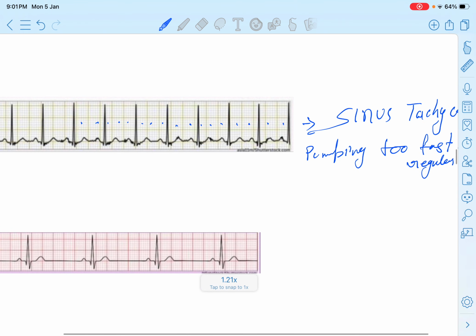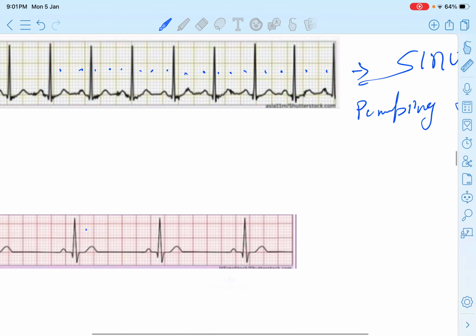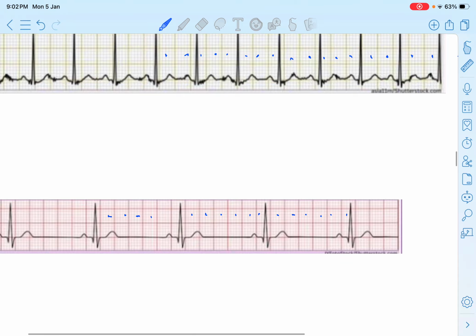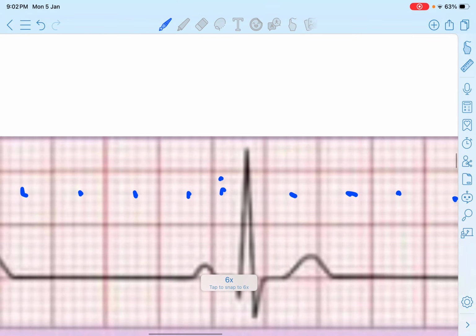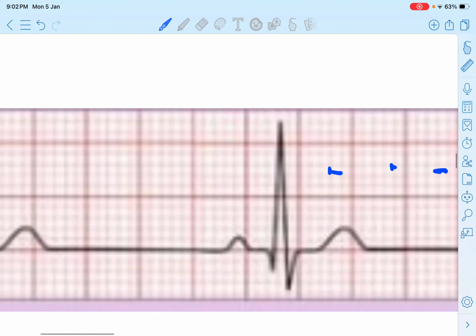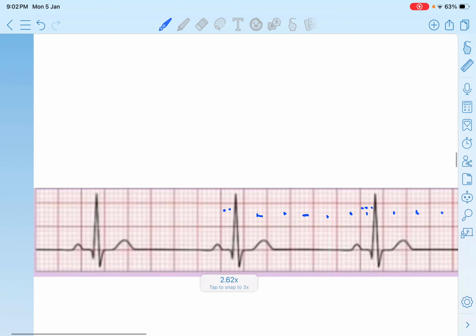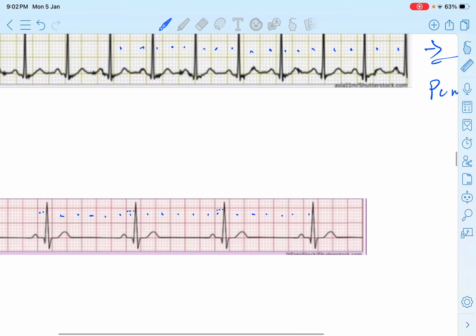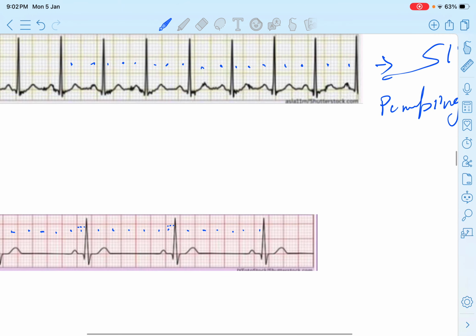Okay, here what you notice, 1 2 3 4 5 6, 1 2 3 4 5 6. Here what we notice, 1 2 3, again 1 2 3, again 1 2. That is called sinus bradycardia.